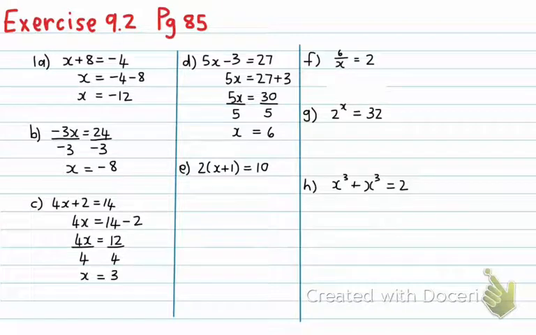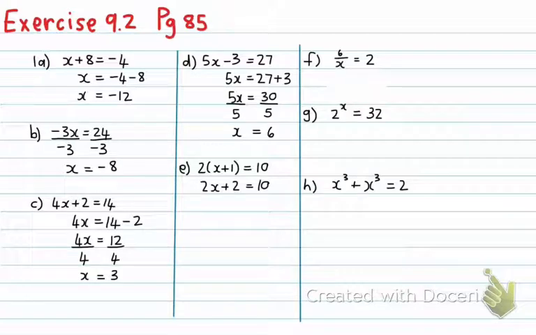Now question E, we can use more than one method to solve E, but I'm going to multiply in this 2 first, okay? So it must be multiplied in with all the terms inside the brackets. All right, so then 2 times x is 2x, and 2 times 1 is 2. I keep the rest of the equation.